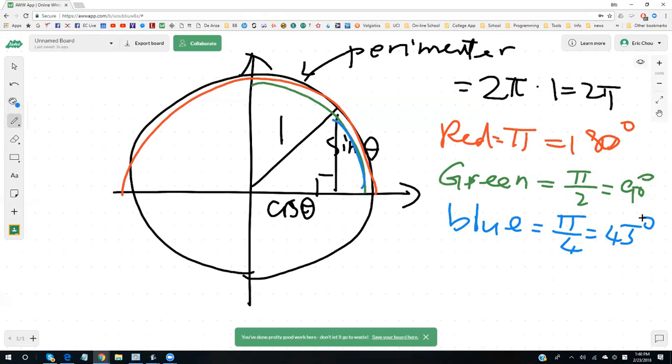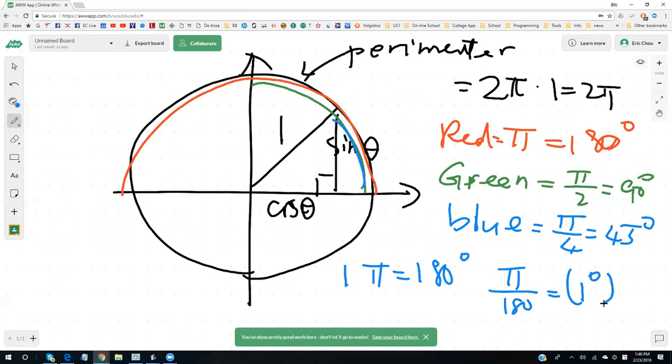So 1 pi equals 180 degrees, right? So pi over 180 is actually 1 degree. Every 1 degree is like that.